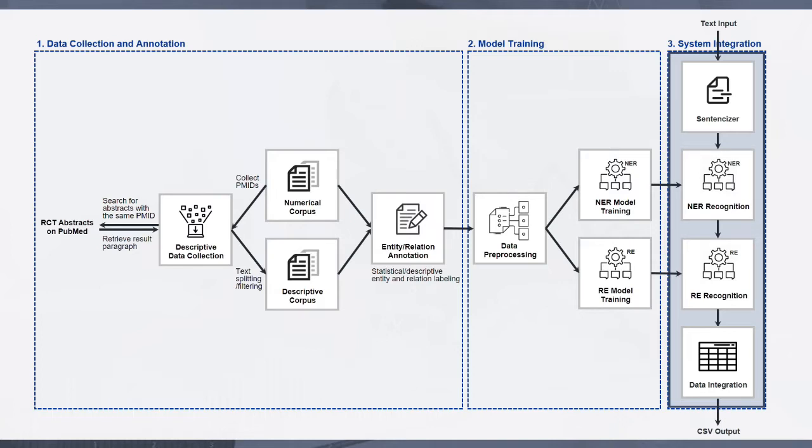Next, bidirectional transformers, BERT, was used to develop our two deep neural network models for named entity recognition and relation extraction, also as the core of the joint extraction pipeline in our system. Finally, the models with better overall performance are selected and incorporated into our system, with a synthesizer at the beginning and data integration component at the end of the system.